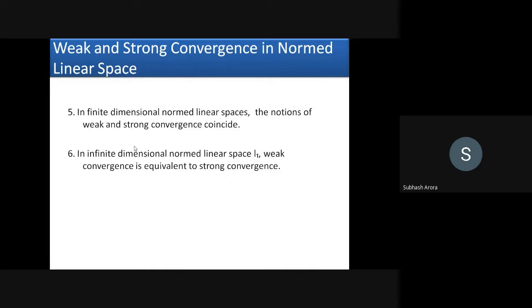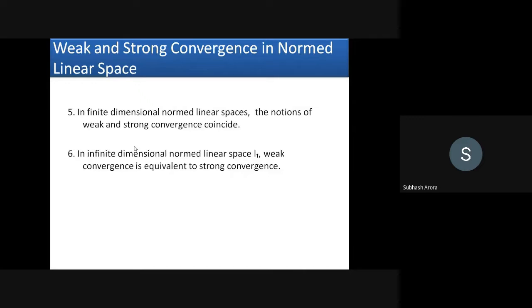Strong convergence already implied weak convergence, and weak convergence and strong convergence become identical in the case of a finite dimensional normed linear space. So the question arises: suppose there is a normed linear space where weak convergence and strong convergence are identical.